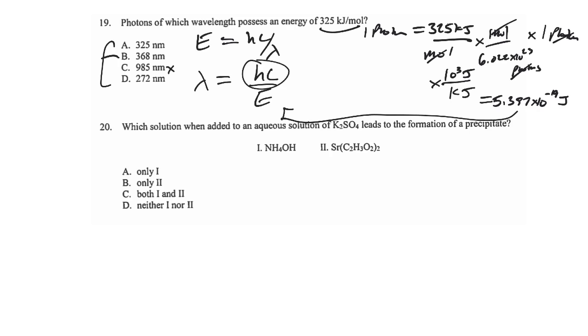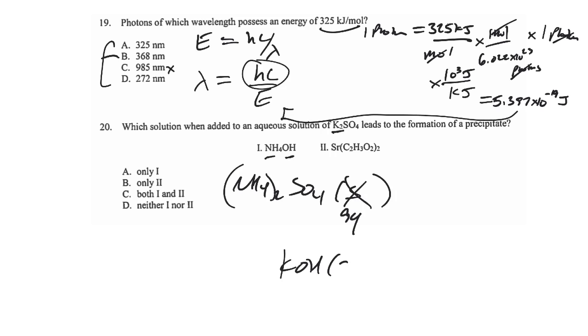Number 20, which solution when added to an aqueous solution of K2SO4 leads to the formation of a precipitate? Okay, so all ammonium salts are soluble. KOH, all potassium salts are soluble. So like NH4 to SO4, that's not insoluble. That's aqueous, as is KOH. So that's not going to lead to a precipitate.